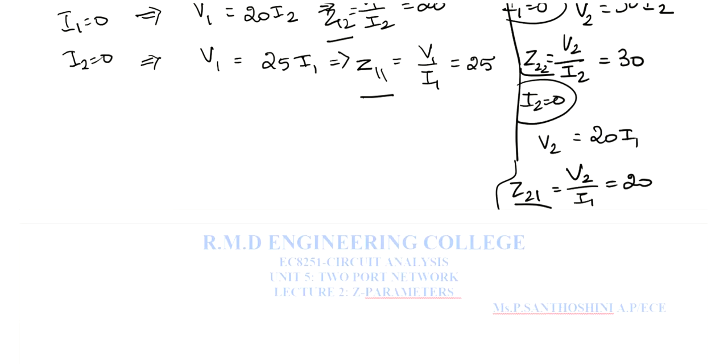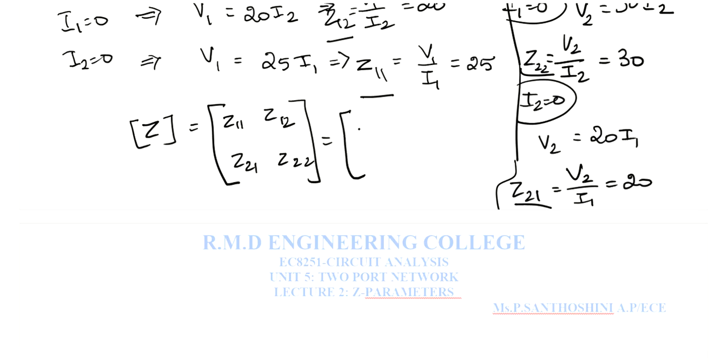Finally you can write all the answers in the matrix: Z11 is 25, Z12 is 20, Z21 is 20, and Z22 is 30. Clear? The first sum is over.